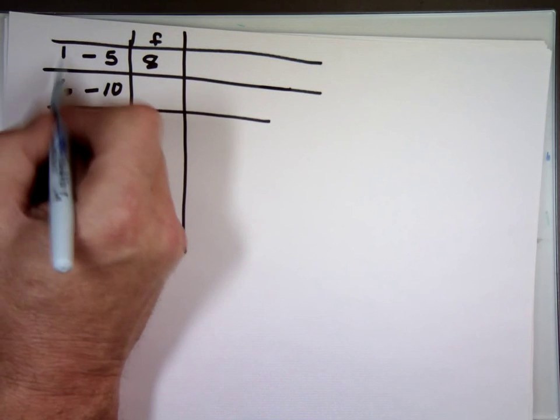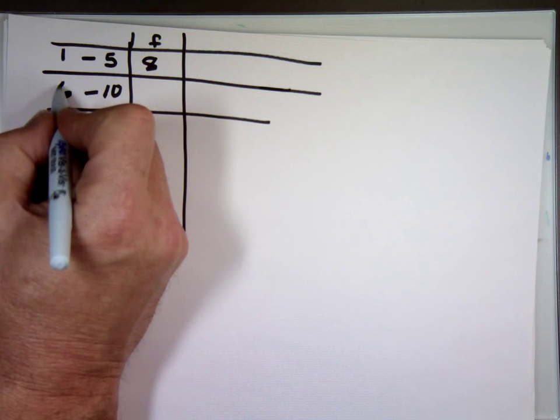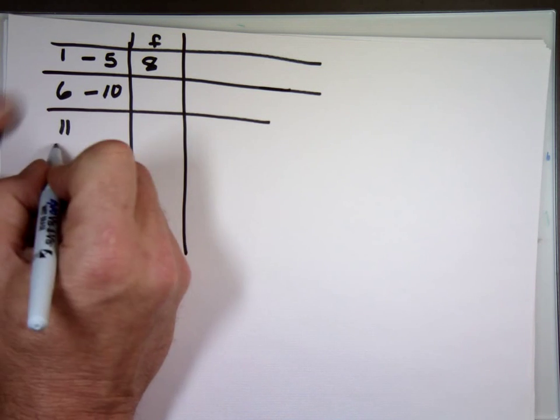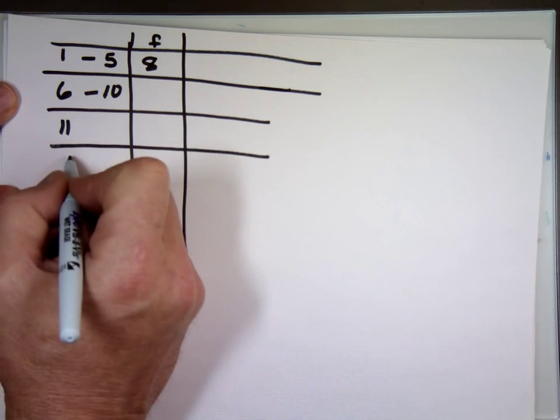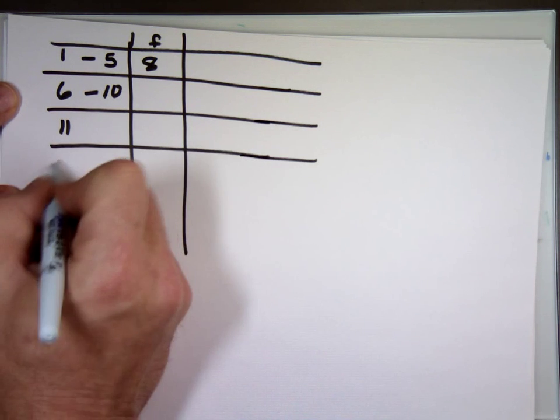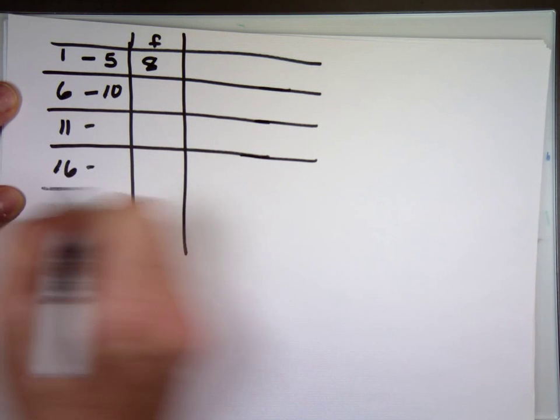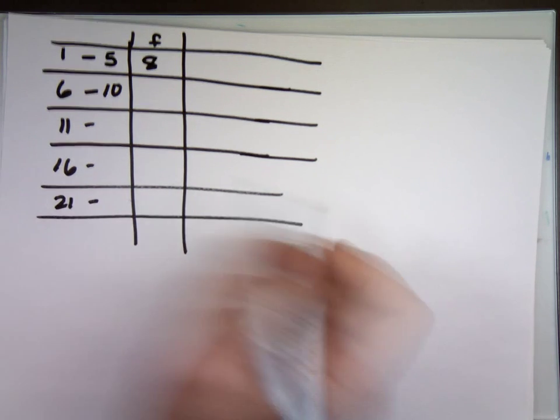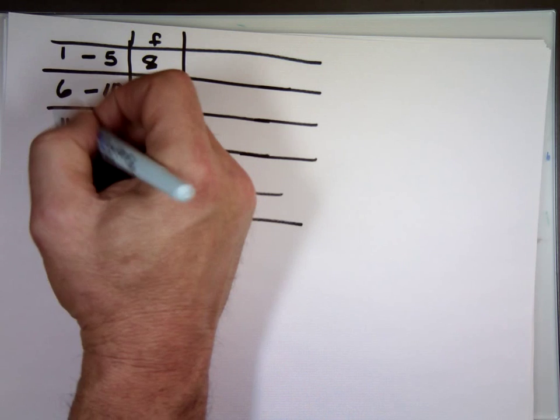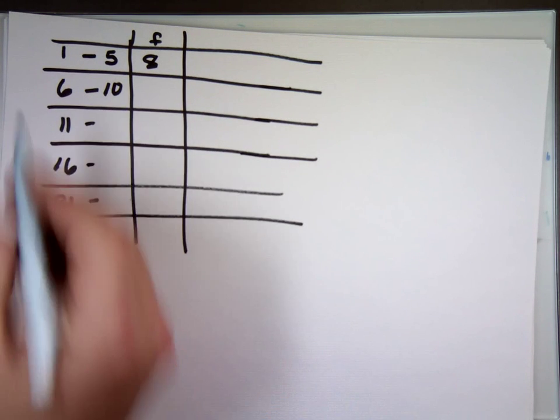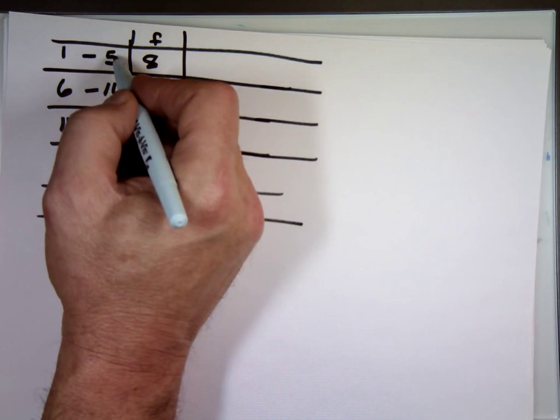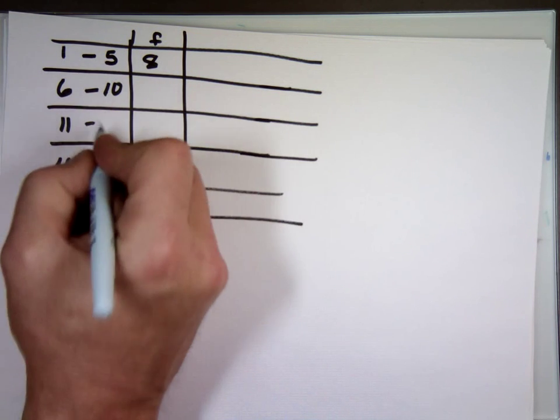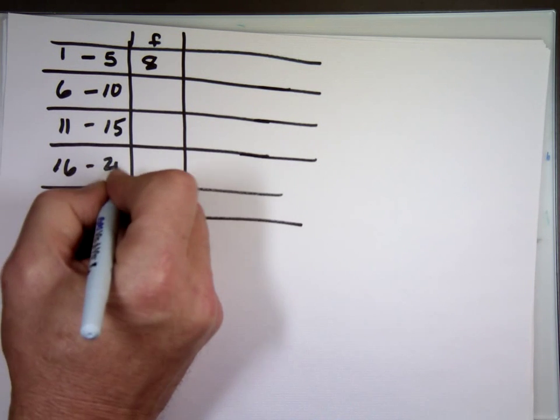The next class should start at 11, then 16, then 21. Remember that class width is the difference between 2 consecutive lower limits. If this one starts at 6, that means the previous one ends at 5. 5 more, that's 10, 15, 20, and 25.